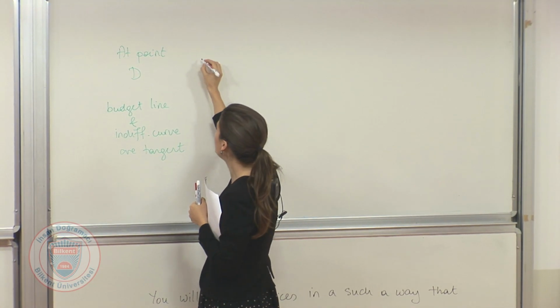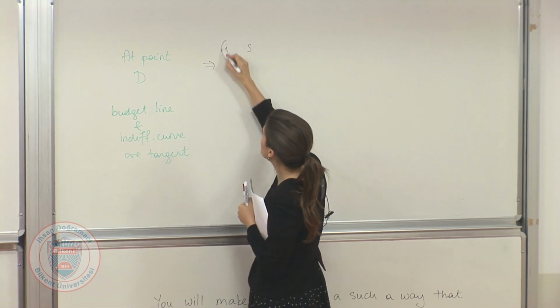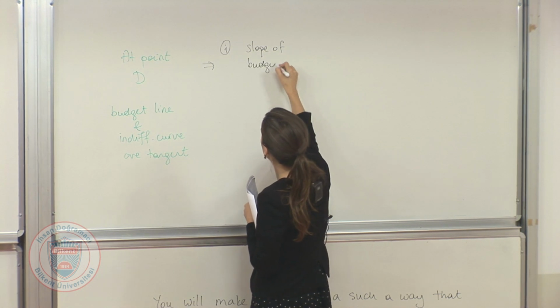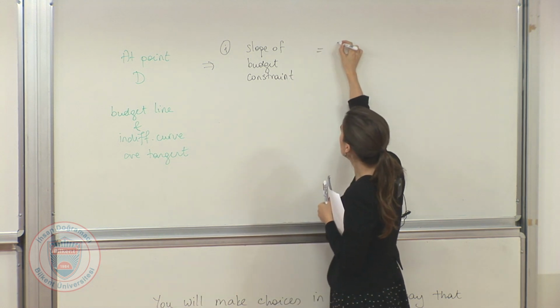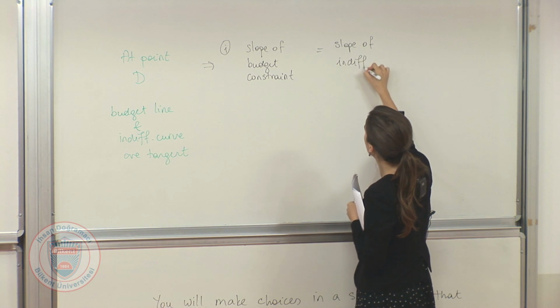So what does that mean? You said that tangency means this: the slope of the budget constraint, or budget line, is equal to the slope of the indifference curve.